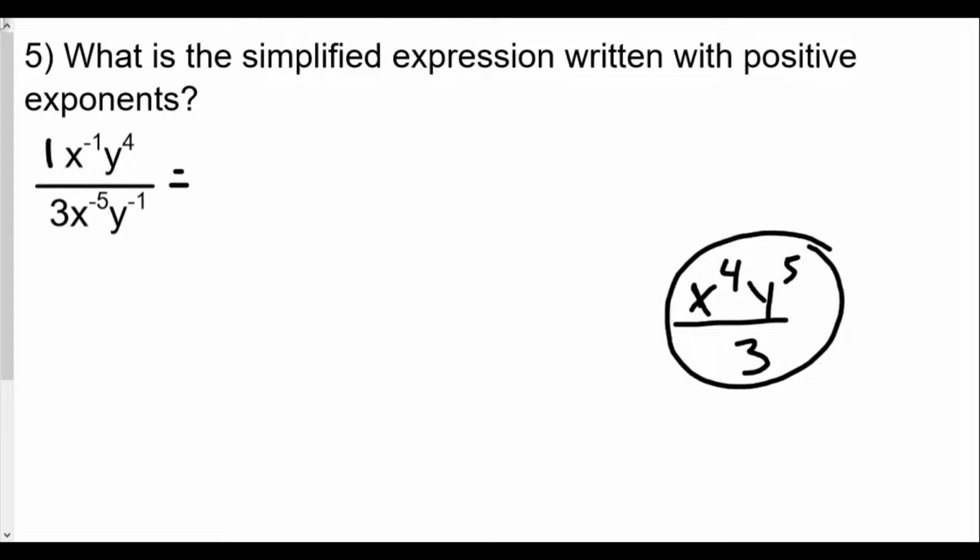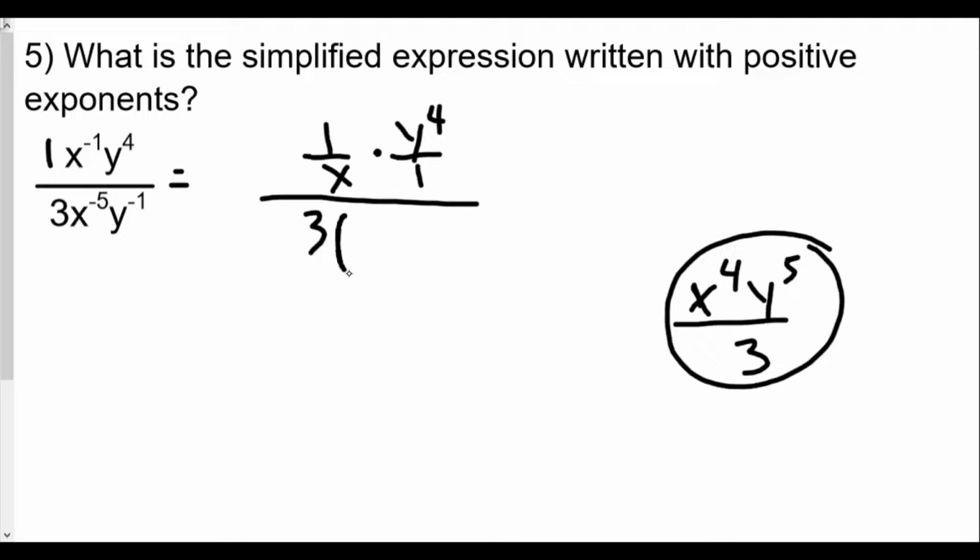So here I rewrite anything with a negative exponent as something with a positive exponent. And so I have now x to the negative 1 is really 1 over x times y to the fourth over 1. And 1 is just times 1, so I don't have to worry about that. Now for my denominator, I have 3.